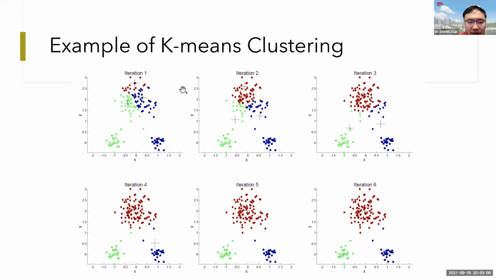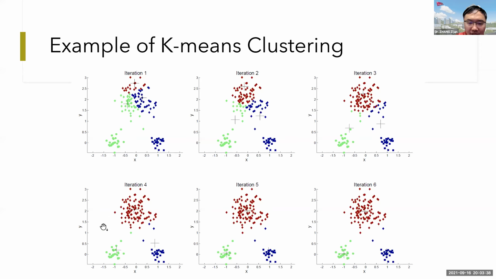It will move slightly. And after the centroids are updated, you need to reassign the data points into each of the clusters based on the new centroids. After assigning all of them into clusters, you do the updating, you do the recomputation, then the centroids will move again.